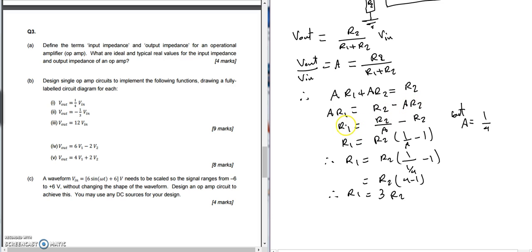Therefore, when you divide by A on both sides, you get R2 over A minus R2, and then take R2 as a common factor, you get R1 is equal to R2 multiplied by 1 over A minus 1. And then substitute A by a quarter, so what you get is R1 is equal to R2 multiplied by 4 minus 1, and then R1 is equal to 3R2.